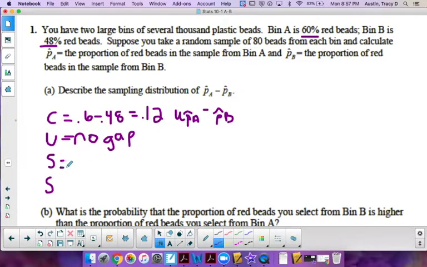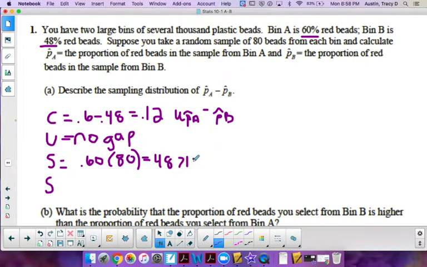Okay, so shape, in this case, this is where we do our check for normality. So we need 60% of 80, right? And 60% of 80 should be 48, and that's definitely bigger than 10, so we're good.